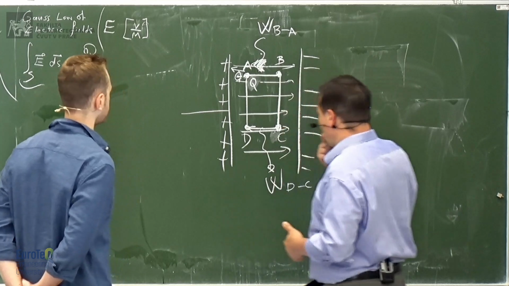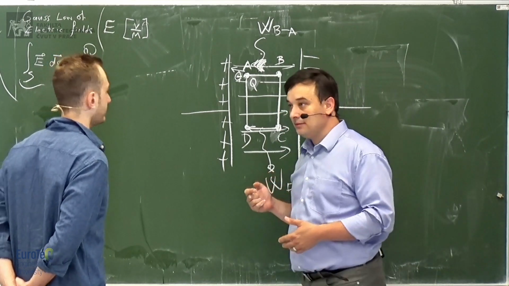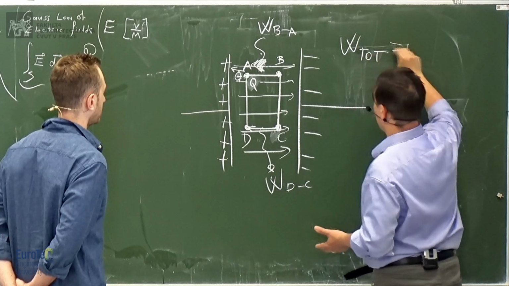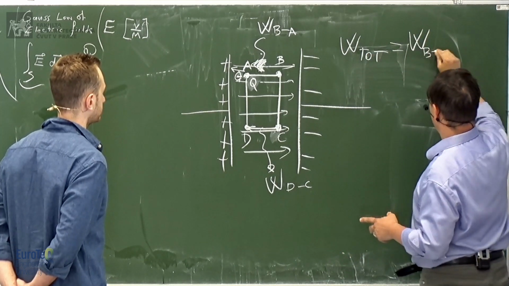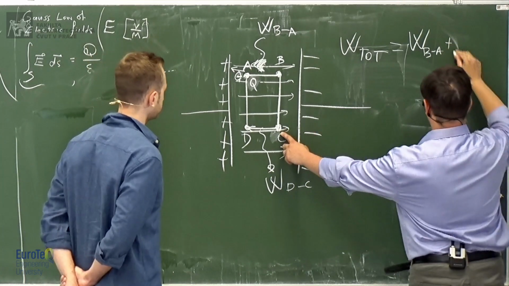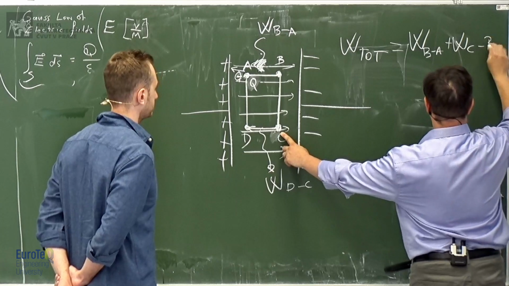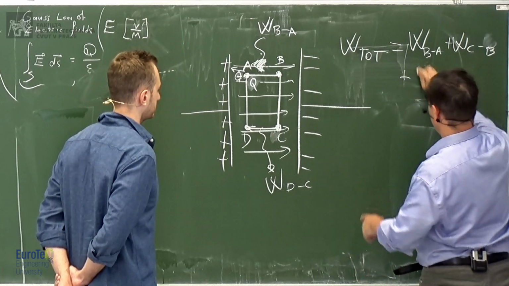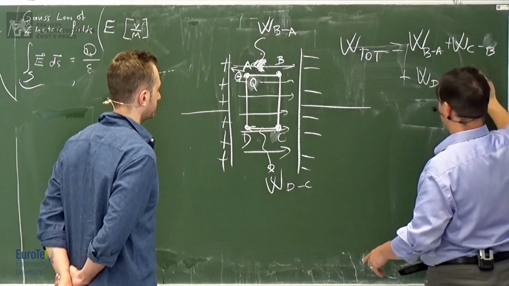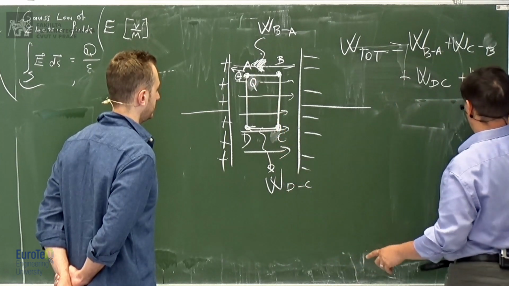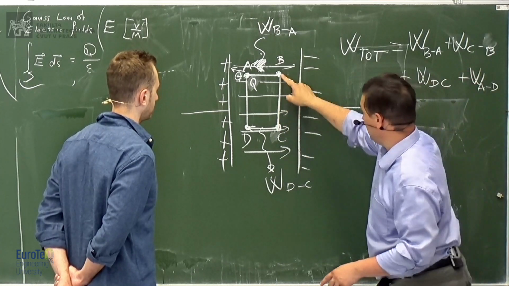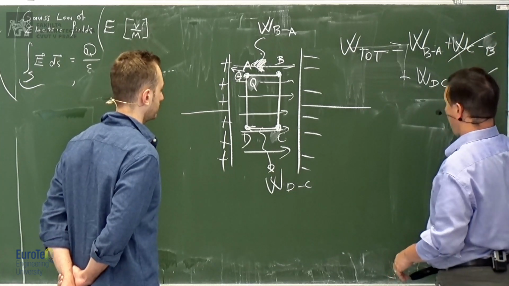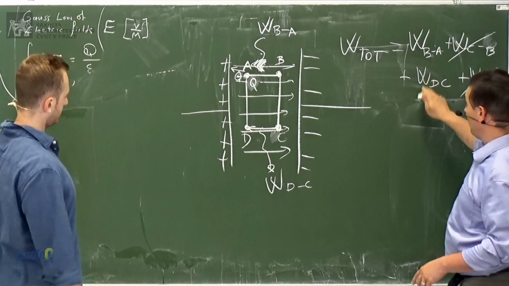So, the total work is? It's 0. Okay. So if you take the total work, which is the work from A to B, then the work from B to C, plus the work from C to D, plus the work from D to A. Now, these two are 0, and these other two are equal.